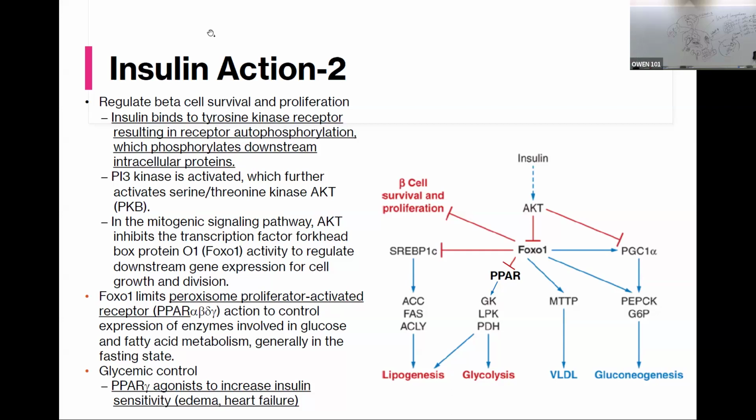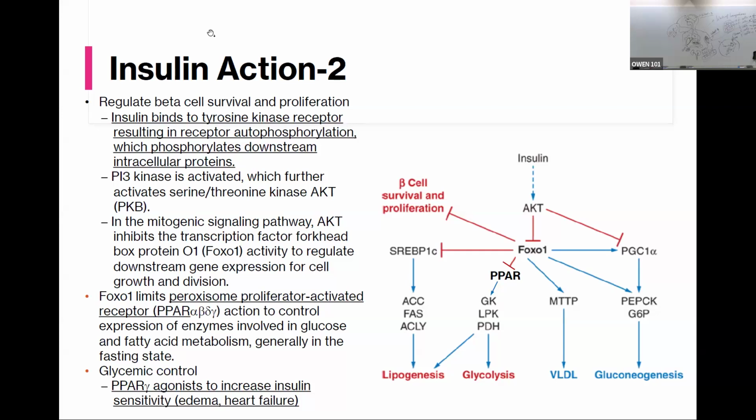FOXO1 is also involved in the production of very low density lipoproteins. Both really happen when we are hungry, so gluconeogenesis is produced. But FOXO1 inhibits PPAR alpha, beta, gamma. This PPAR is very important for glycolysis.